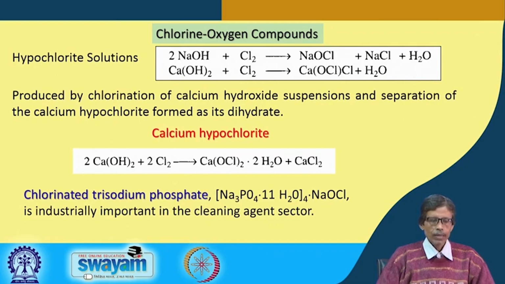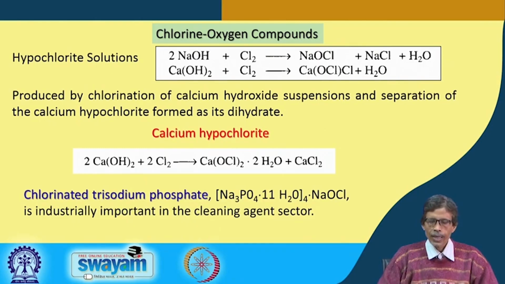This is nothing but your trisodium phosphate, that is Na3PO4. If we can crystallize Na3PO4 in presence of sodium hypochlorite solution, we get chlorinated trisodium phosphate. Industrially it is known as chlorinated, but it is not a typical chlorine compound; it has the sodium hypochlorite crystallized with your Na3PO4 with 11 water molecules of crystallization.